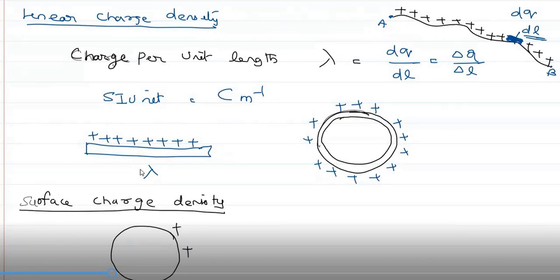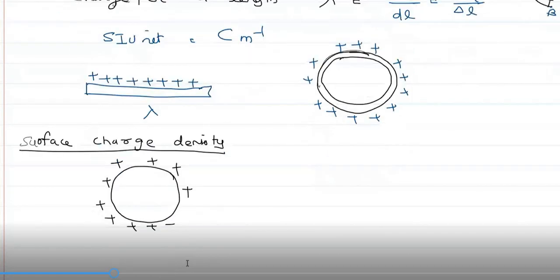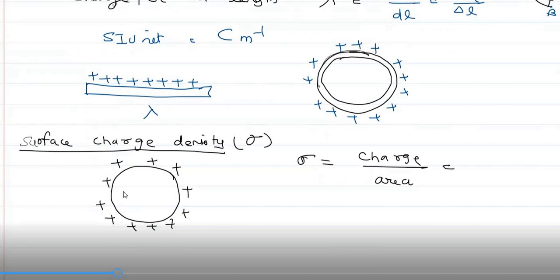The charge will be distributed on the outer surface only, but it is a disc, so you are considering a two-dimensional figure. Surface charge density is given by the letter sigma. Sigma is charge per unit area, so we take it as dq by dA or del q by del A. It is not necessary to use A only; you can use ds also.